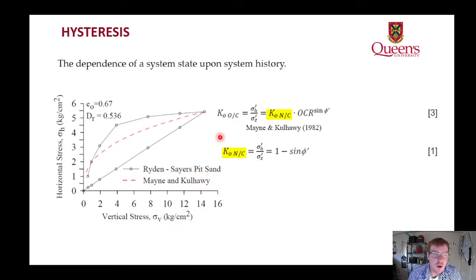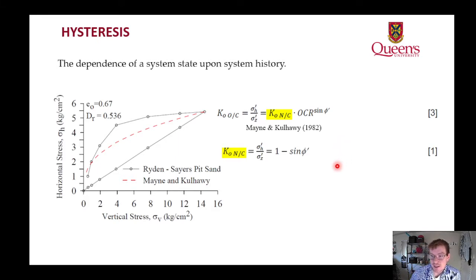What we actually see is some hysteresis, or hysteresis depending on what part of the world you're from, but phonetics aside, hysteresis is just the dependence of a system state upon system history. And in this case, it's the believed dependence of K0, at least in the over-consolidated portion, on over-consolidation ratio to the exponent sine friction angle.